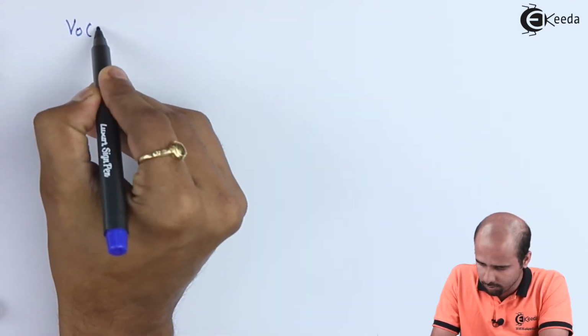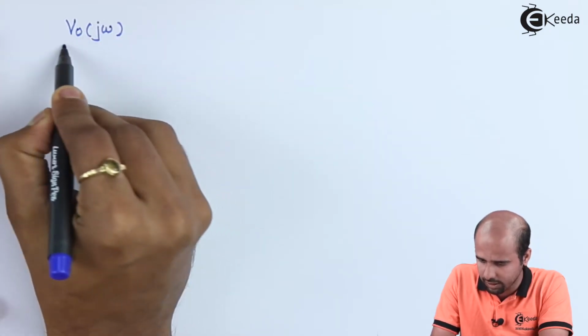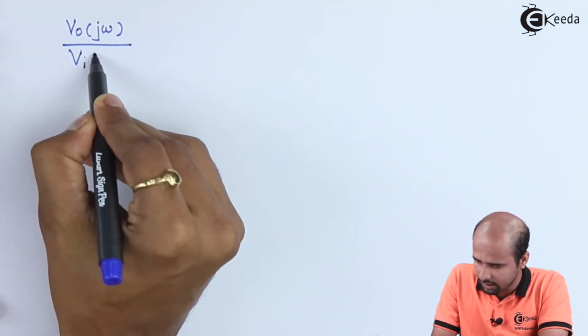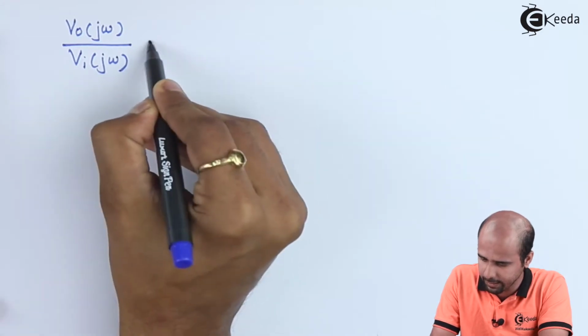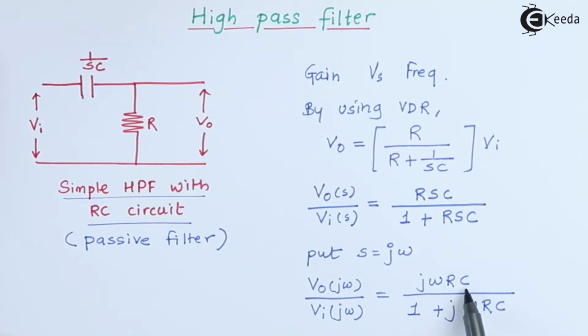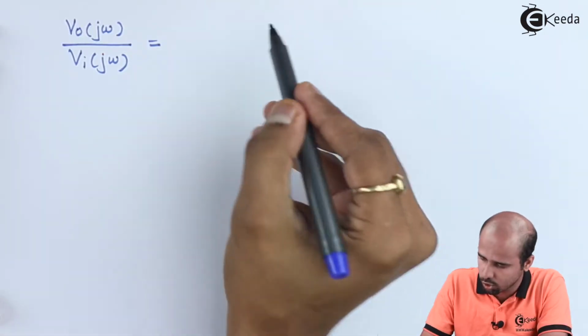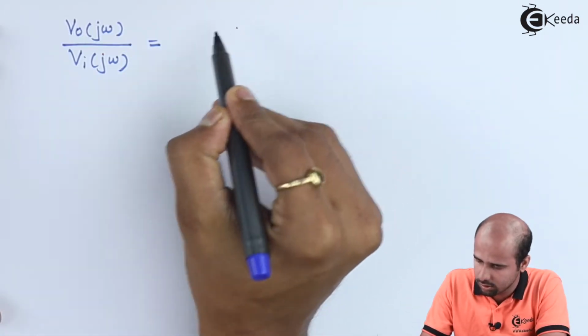Further, we will investigate by manipulating mathematically. I will take J omega RC to the denominator of the denominator.